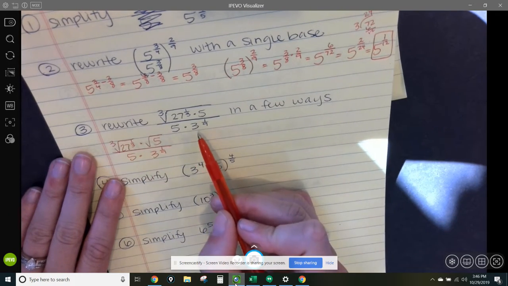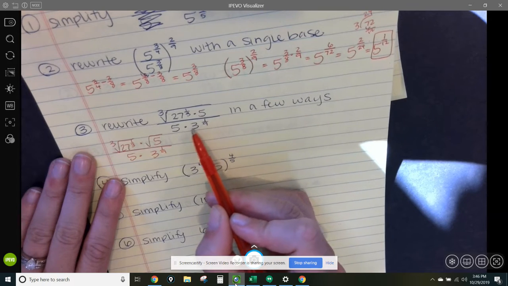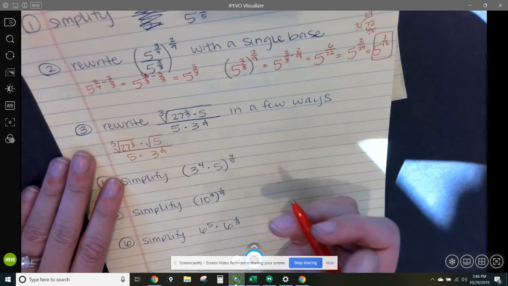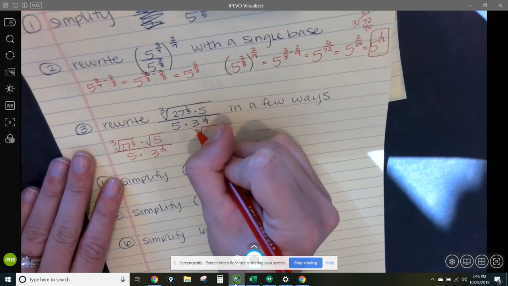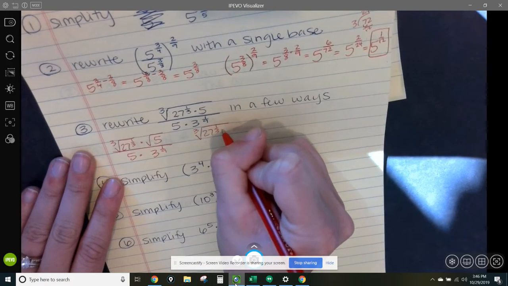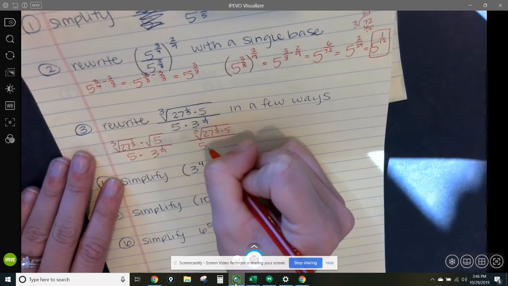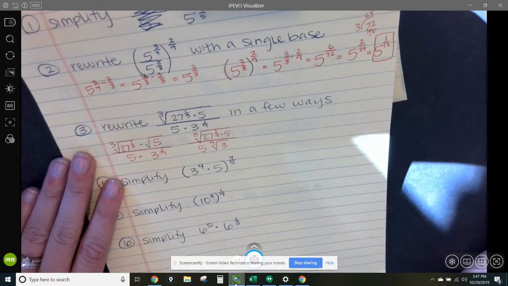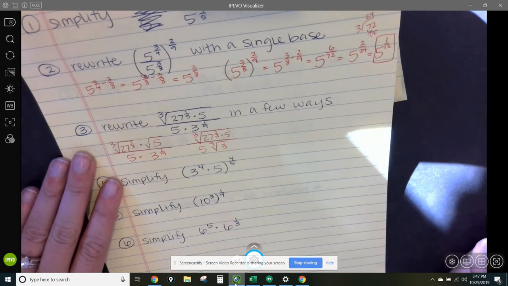You could write this 3 to the 1/9 as a radical. So you could leave everything on the top the same and change this to the 9th root of 3. So that's another way you could write it.